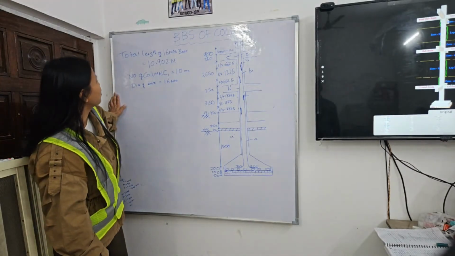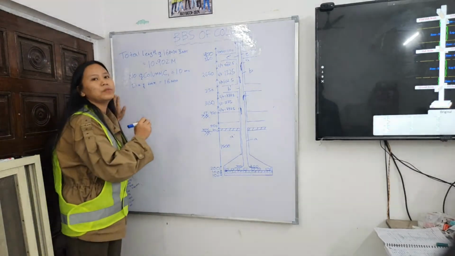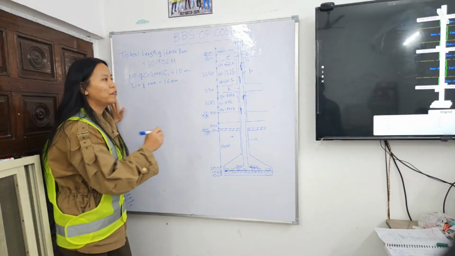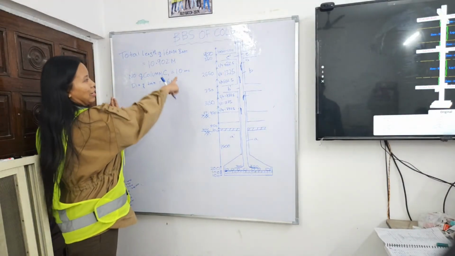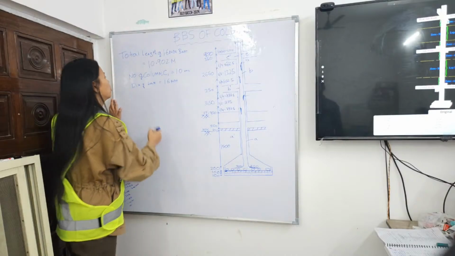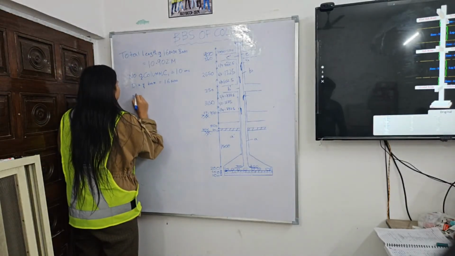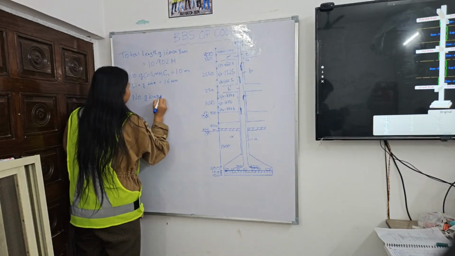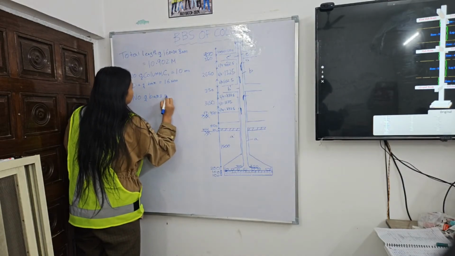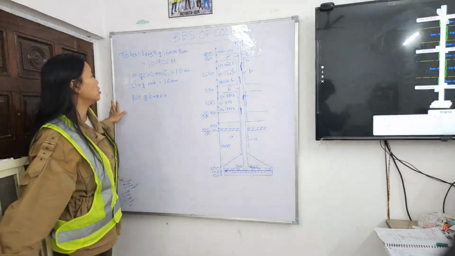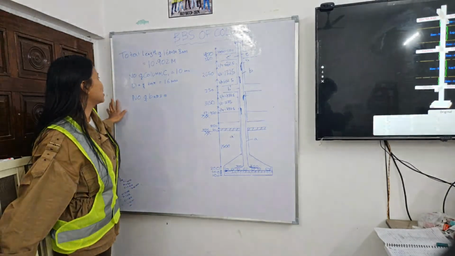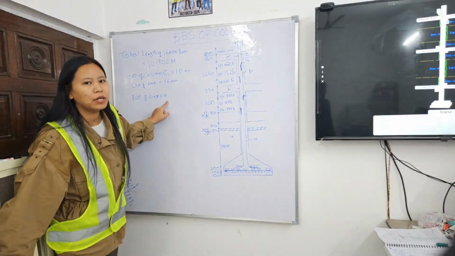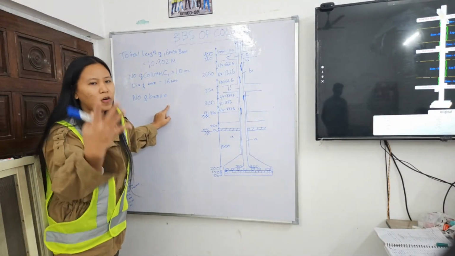Now I'll be finding the numbers of bars for 10 columns. For finding the numbers of bars, in one column I'll be putting 16 mm bar 4.